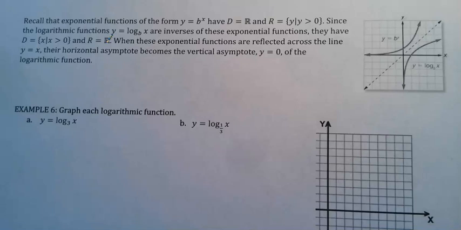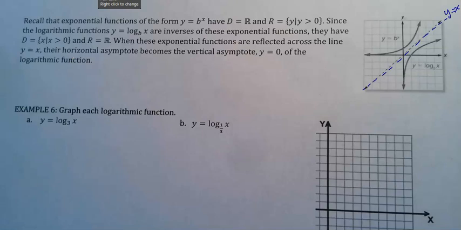So when these exponential functions are reflected across the line y equals x, so, right, this line right here, that's y equals x. Their horizontal asymptote becomes the vertical asymptote, y equals 0, of the logarithmic functions.